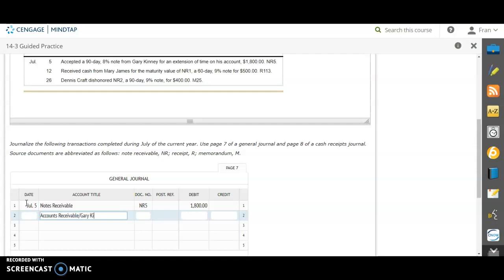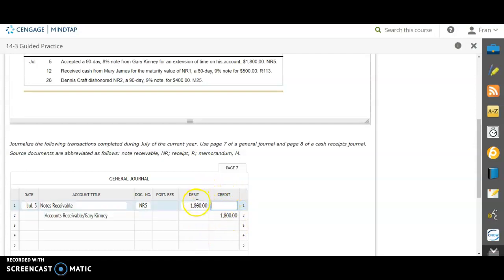Gary Kinney. And so what that's doing, by crediting that, because our accounts receivable have a normal debit balance, if he had $1,800 debit balance and we credit it out, that's zeroing out his accounts receivable, okay?